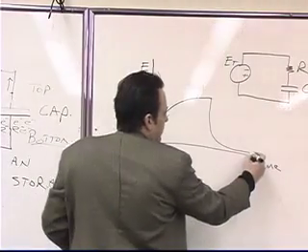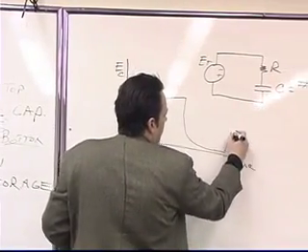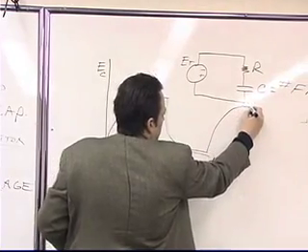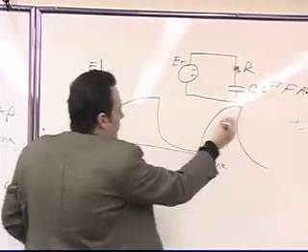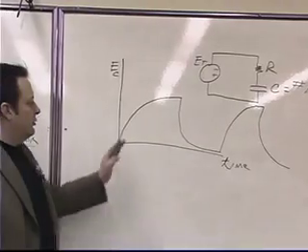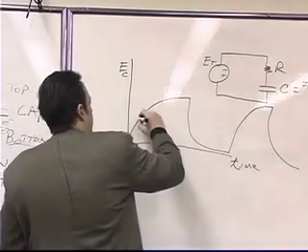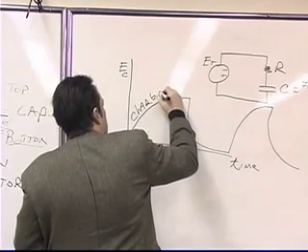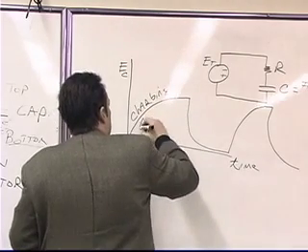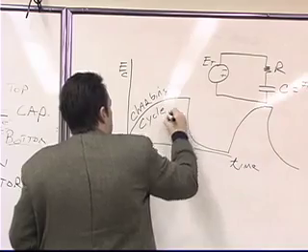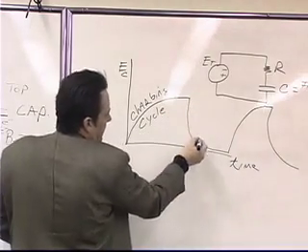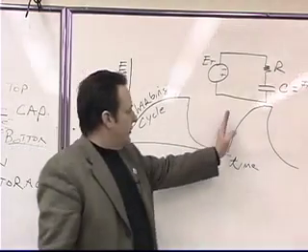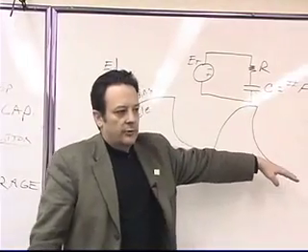So on our oscilloscope, what we'll see is a graph where it's charging and then discharging, and charging and then discharging. This is the charging cycle. This is the discharging cycle.